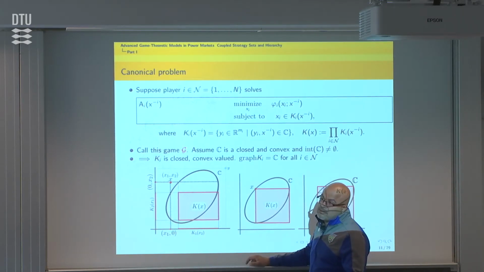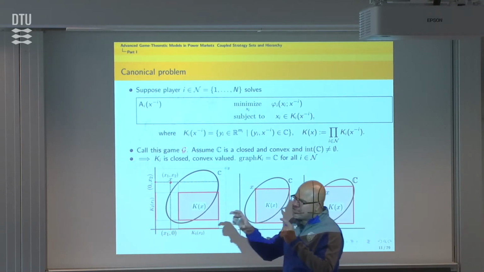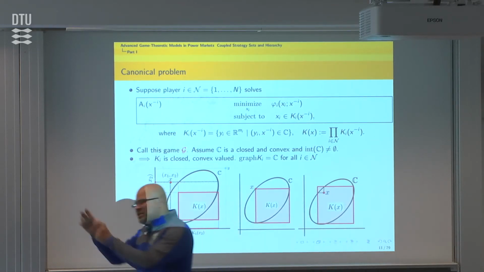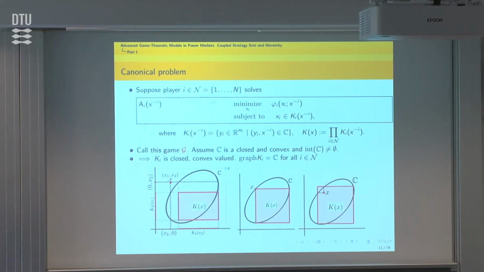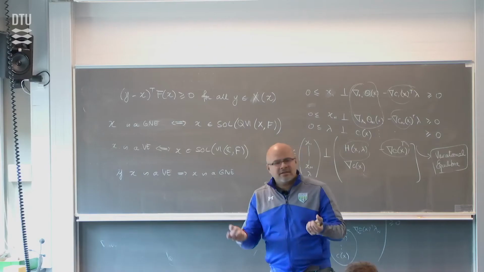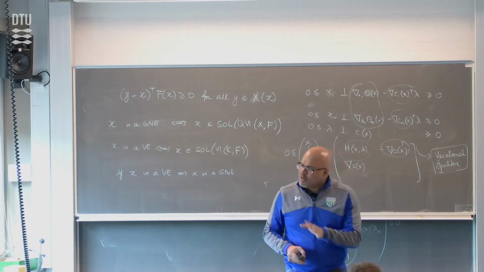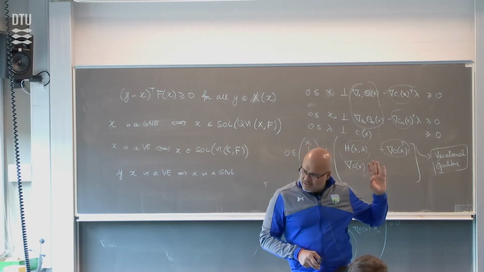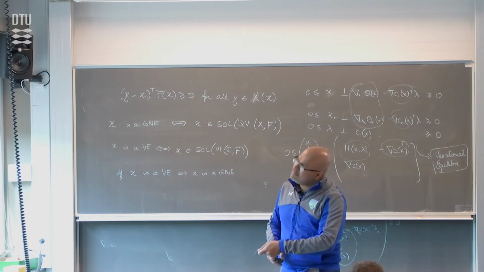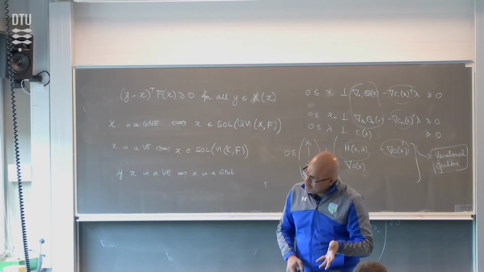It's hard to get an understanding of, because K of x keeps moving everywhere, and it's not clear whether C is inside or outside it. But in some sense, that's less relevant for us. What is relevant is that this convex set provides us with one solution to the generalized Nash game.